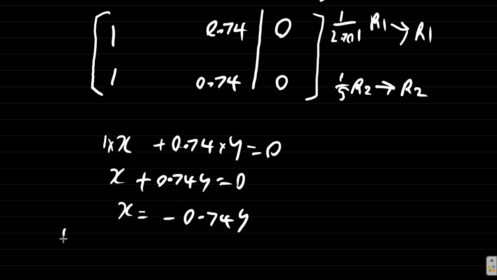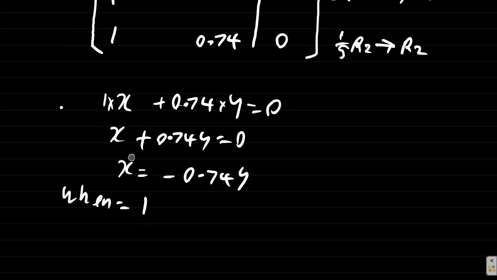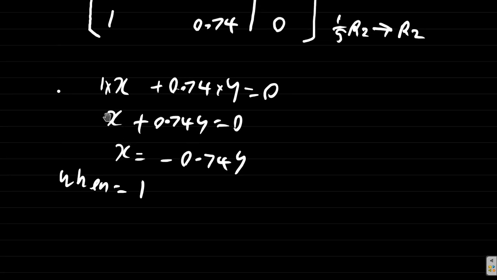Now when x equals 1, because there is no specific number for x and y, right? There's just a ratio, a relationship between them. So when x equals 1, you could use any other number, but 1 is the simplest. When x equals 1, what happens? 1 is equal to negative 0.74y.